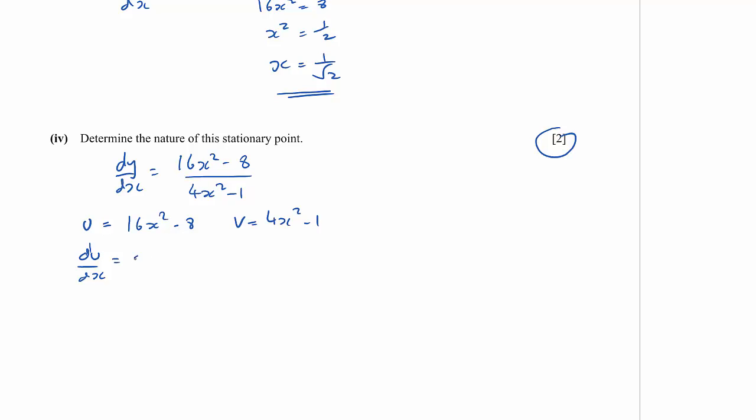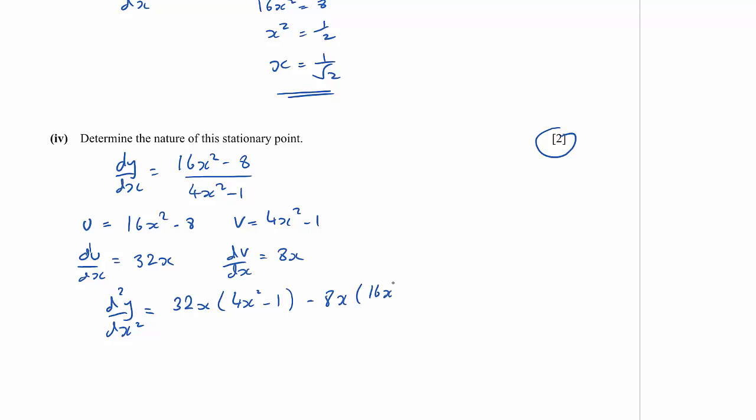du/dx is 32x, and dv/dx is 8x. So d2y/dx squared is v du/dx, so that's 32x(4x squared, take away 1), take away u dv/dx, which is 8x(16x squared minus 8), and that's all over (4x squared take 1) squared.